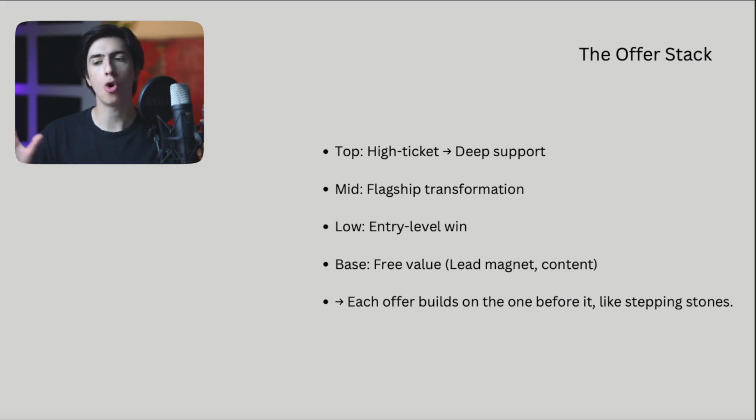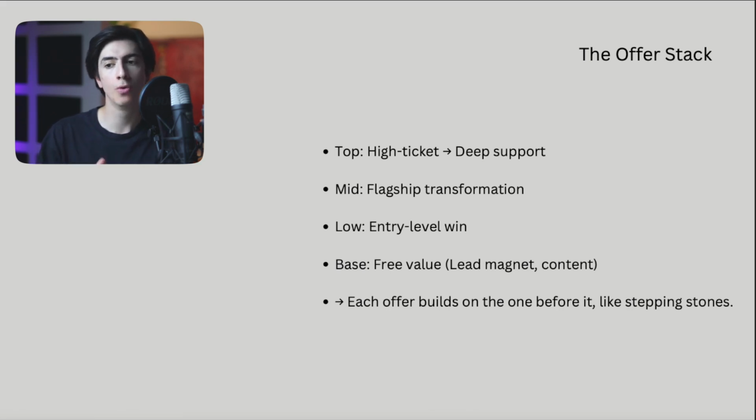Now, let's talk about the offer stack. You have been introduced to this concept in the previous lesson of this course. The offer stack, or the offer ladder, starts with its base, which is usually a free valuable PDF, like a lead magnet. And the aim of the base is to collect the email and the contact information of your ideal customer.